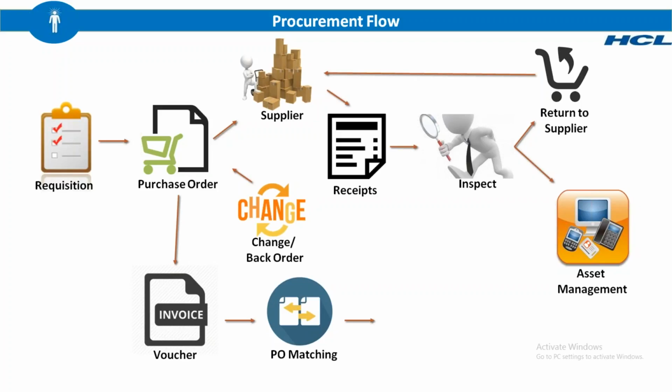Why purchase orders and vouchers? Basically, there are two types of PO: goods PO and services PO. With a goods PO we physically receive an item, whereas with a services PO we are not going to receive any item from the vendor. We are just going to receive the service.